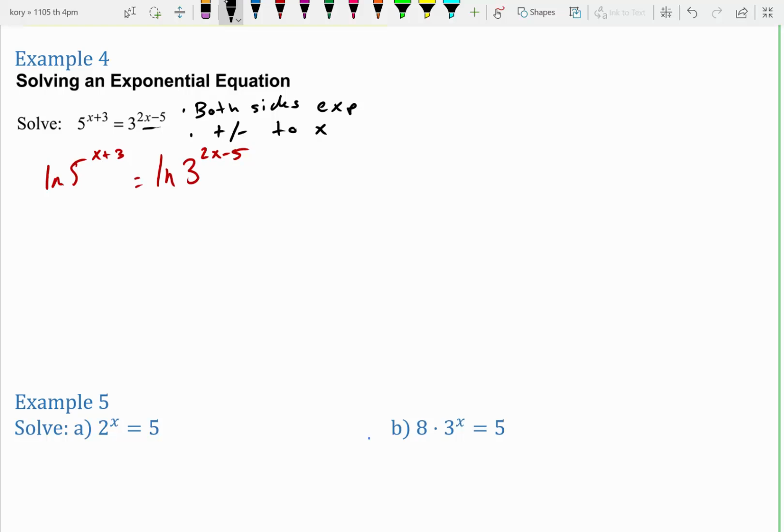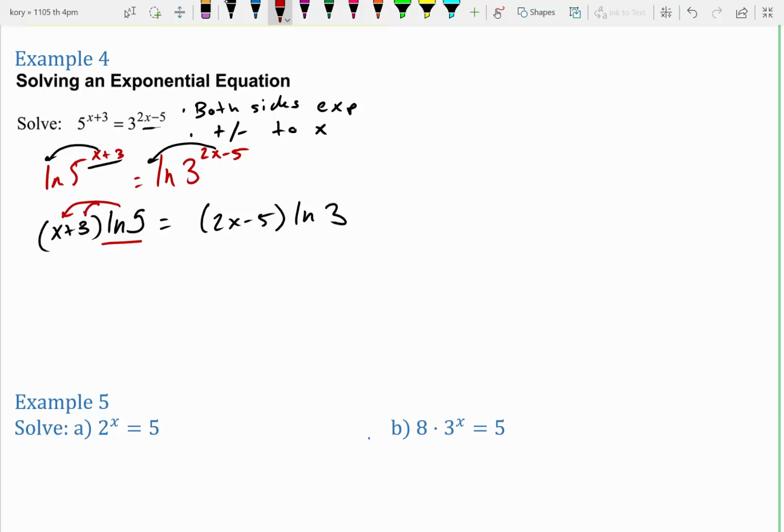So from there, that's when we move our exponent to the front. So we have x plus 3 ln 5 equals 2x minus 5 ln 3. Now that we moved over our exponent, we distribute. So we're going to distribute our ln to our binomial.